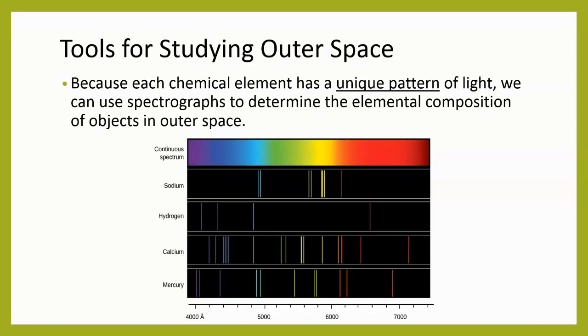So if we can measure the exact wavelengths of light that we are getting from different parts of outer space, we can actually determine the elemental composition of those objects, which is really handy since we can't go to most of outer space to collect physical samples. But this gives us a really good idea what distant planets and distant stars are made out of.